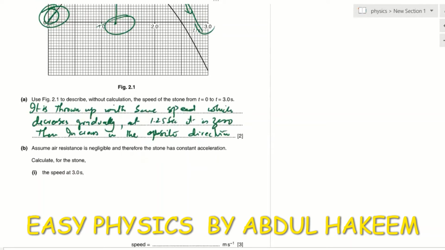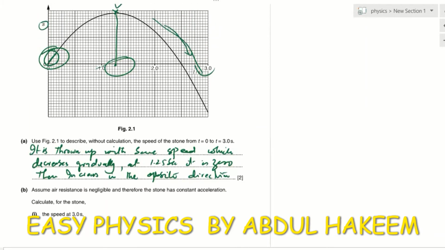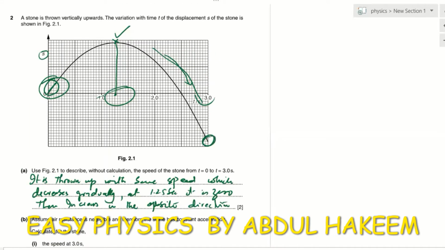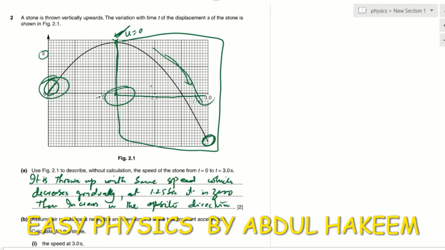Now the B part: assume air resistance is negligible and therefore the stone has constant acceleration, meaning 9.81. Calculate for the stone the speed at 3 seconds. Look, this speed is required. Now we use this portion of the graph. For this portion, the initial speed is 0, and the time taken is 3 minus 1.25, and the final speed is required.